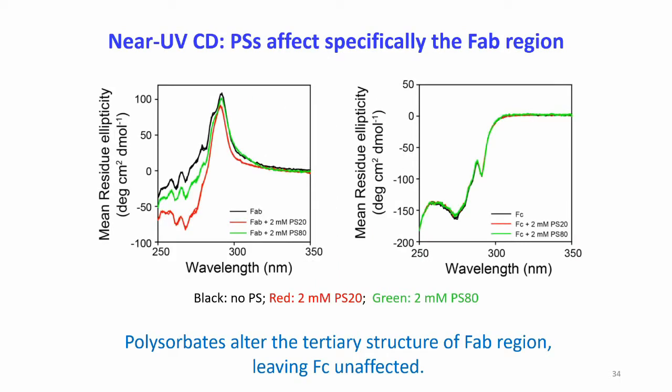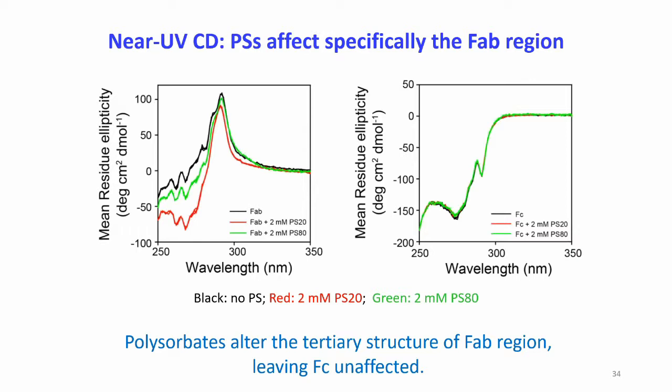So now we know that near UV-CD was able to detect the changes in the mAb when polysorbates bind to the mAb. So here are the same near UV-CD spectra of the Fab and Fc before and after adding polysorbates.